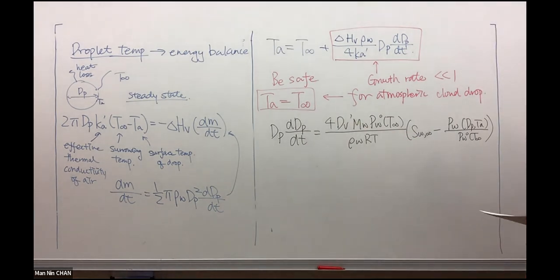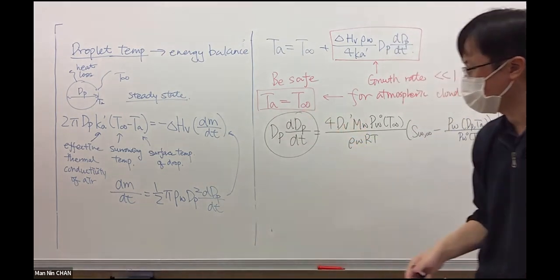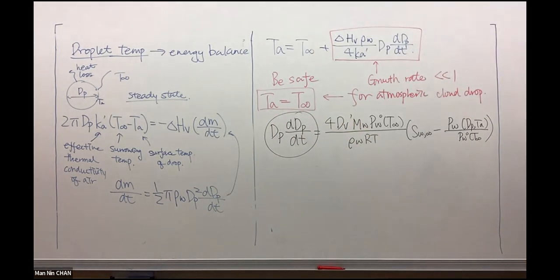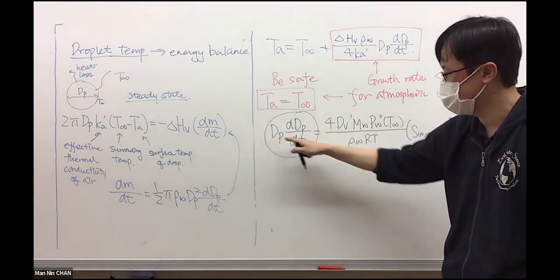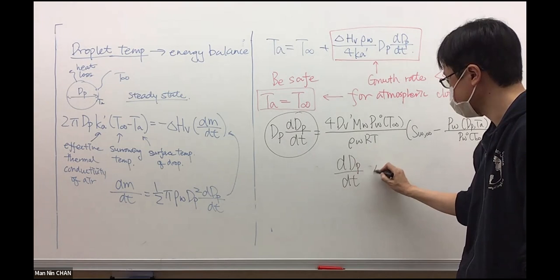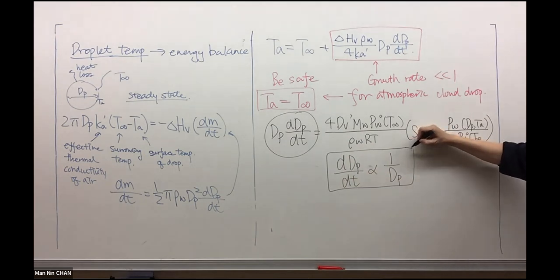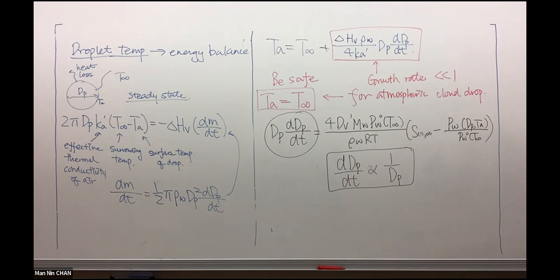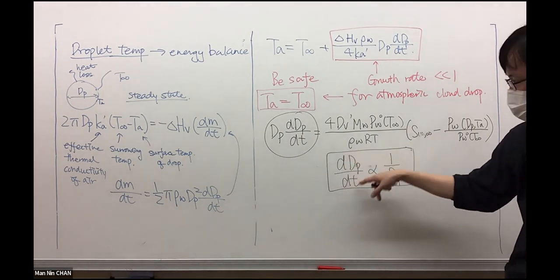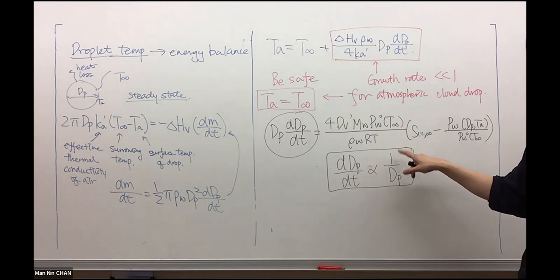But one thing I want to highlight here is how your particle size changes with time. If you look at this equation and put this dp on the other side, I just want to address one point in this growth rate equation: the growth rate is inversely proportional to 1 over dp.